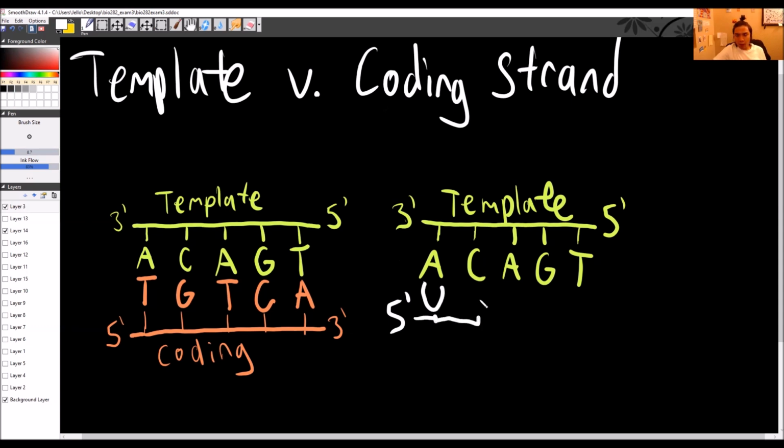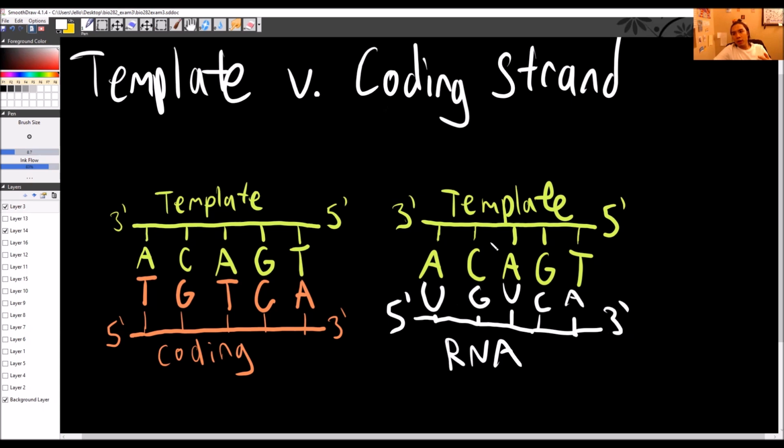And then cytosine, that would be guanine, uracil, cytosine, and then adenine is just fine. So our RNA was synthesized in an anti-parallel fashion and in the 5' to 3' direction. So the only strand of DNA that was directly involved was the template strand.